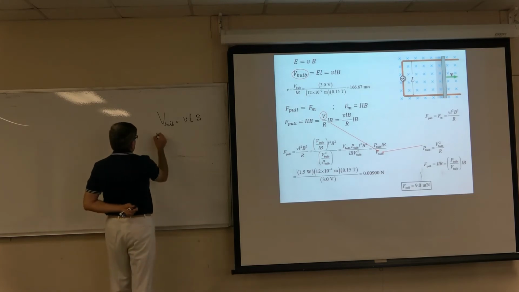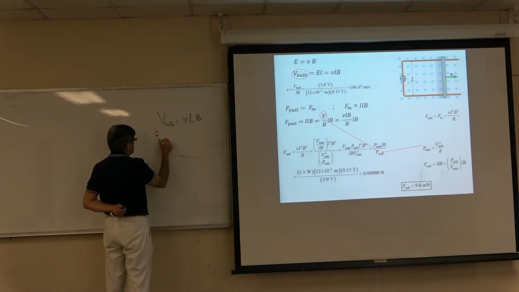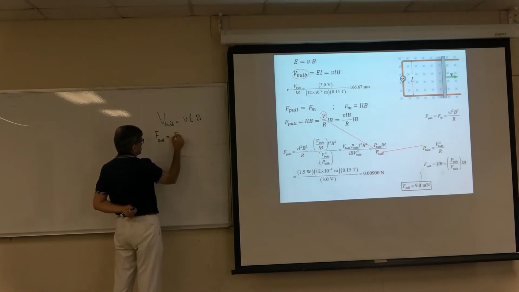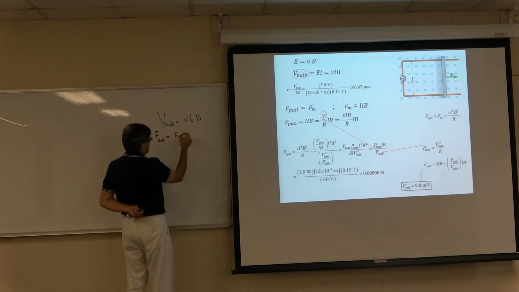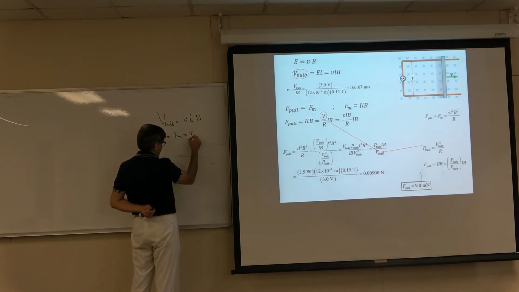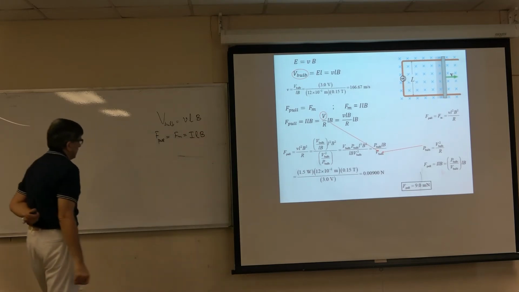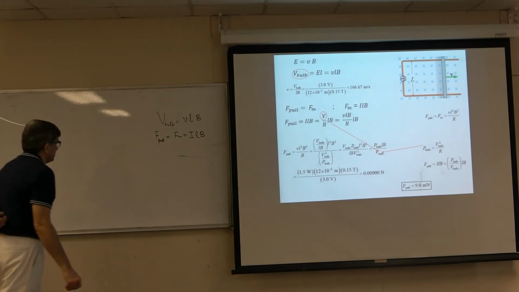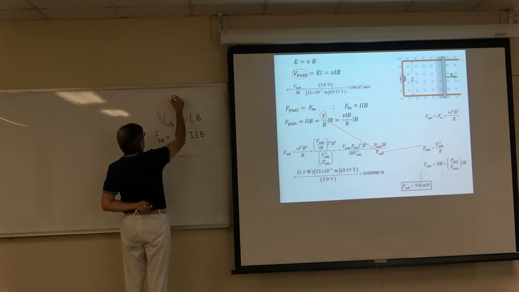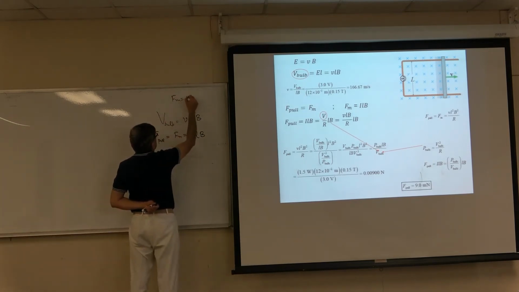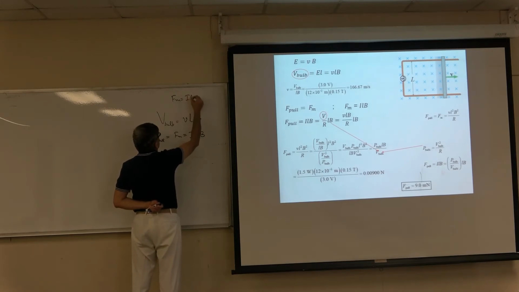Now, the applied force, or the force of the pull, is equal to the magnetic force, and the magnetic force on a current carrying wire in an external magnetic field is I times the length of the wire times the external magnetic field, with of course an angle theta, sine theta, between them. If you remember, the magnetic force is equal to I times L times B.